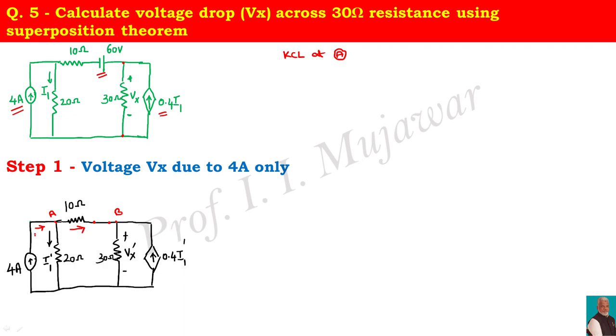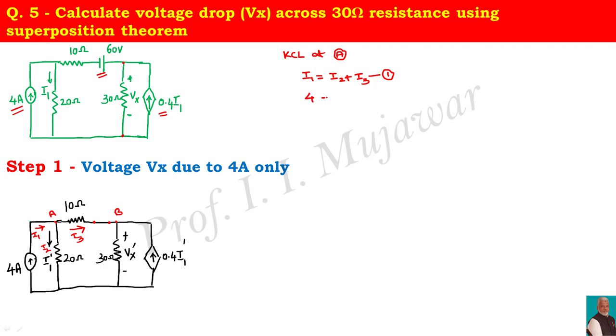So if you have say I1 here, I2 here and I3 here, then you have incoming current I1 is equal to the sum of outgoing currents I2 and I3. Let this be equation number 1. Let us use the values.